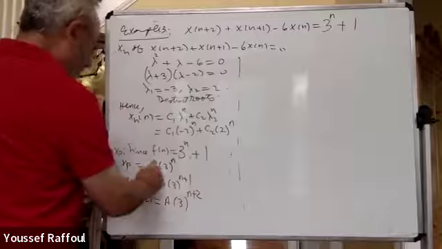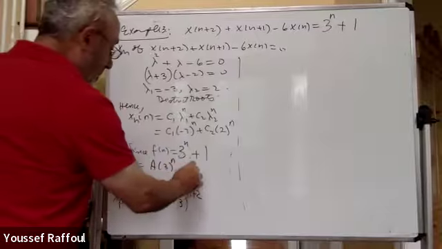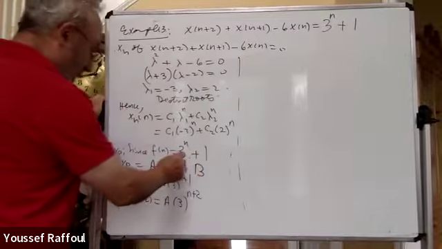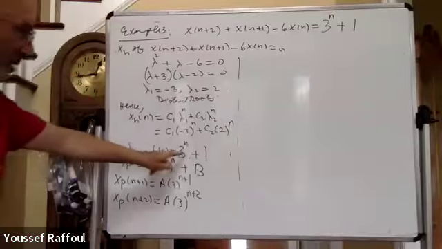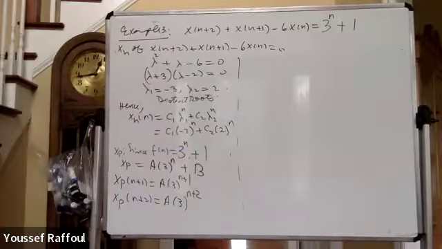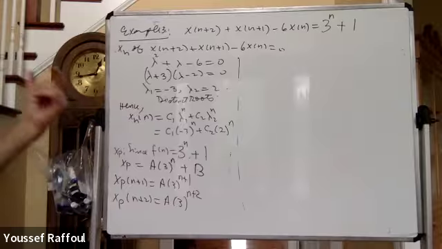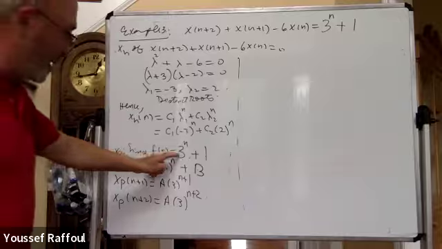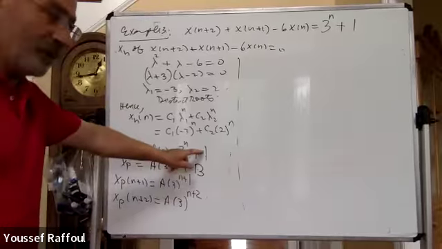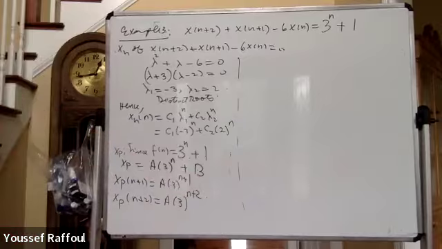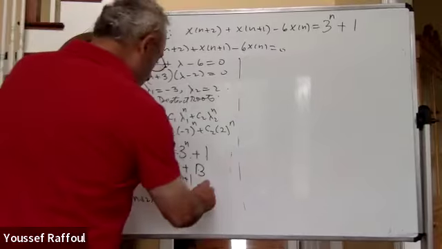So you're going to take x_p as a times 3 to the power n plus b. One parameter for each, because 3 to the n and 1 are not compatible. One parameter for this, which is a times 3 to the power n, and one parameter for 1, which will be plus b.